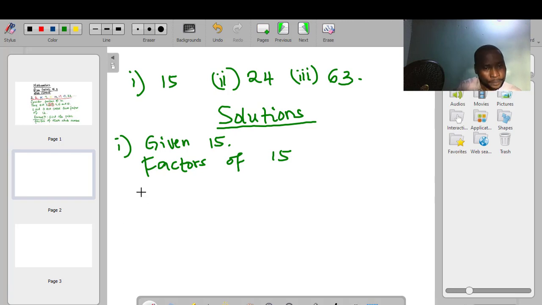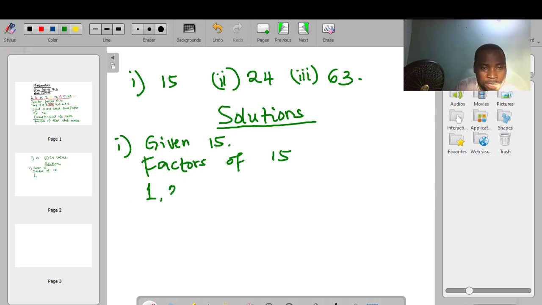We know that 1 is a factor of 15 because 1 in 15 places is 15. 2 is not a factor of 15, because 2 in one place is 2, in two places is 4, in three places is 6, in 5 places is 10, in 6 places is 12, in 7 places is 14, which is just 1 less than 15, and then 2 in 8 places gives you 16, which is more than 15. That means 2 is not a factor of 15.